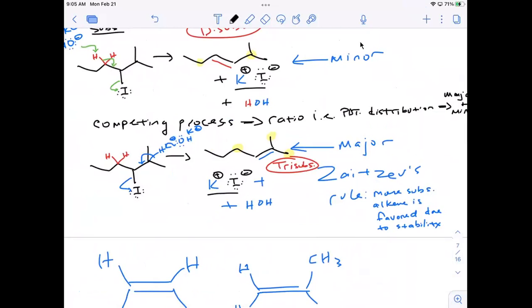We've talked about product distribution before, and how you only see it when you have competing processes. In this case, you have competitive pathways, right? You can eliminate from this side, or you can eliminate from here. So we talked about both SN2 and E2.